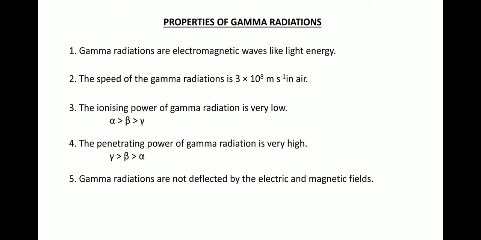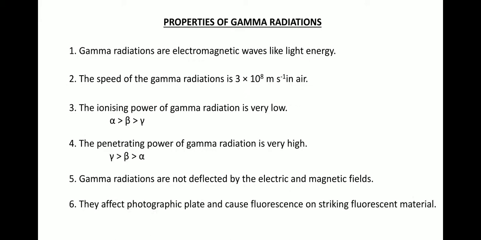Gamma radiations are not deflected by the electric and magnetic fields because they are not charged particles. That is the reason they move undeviated, and they don't get deflected in any electric or magnetic field. Number 6, like the alpha and the beta particles, they also affect the photographic plate and cause fluorescence on striking the fluorescent material.